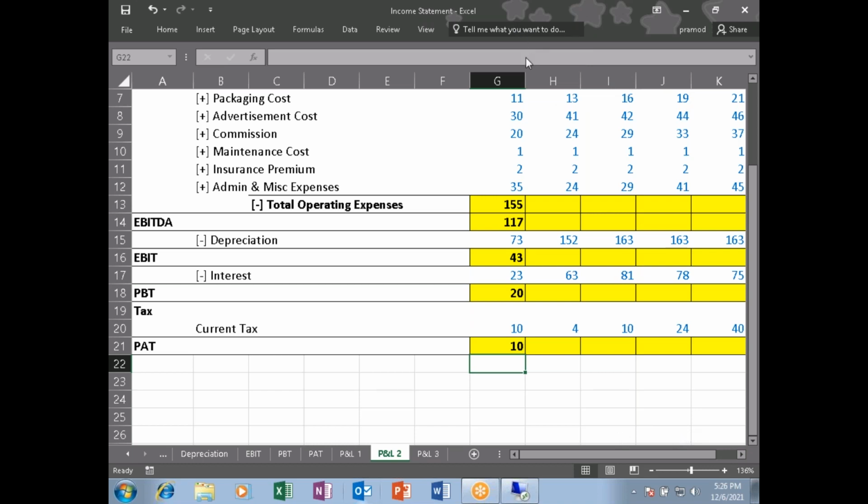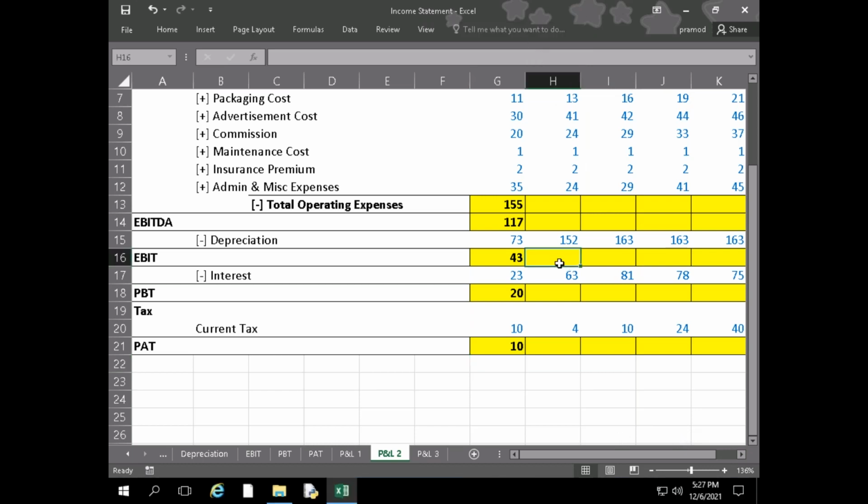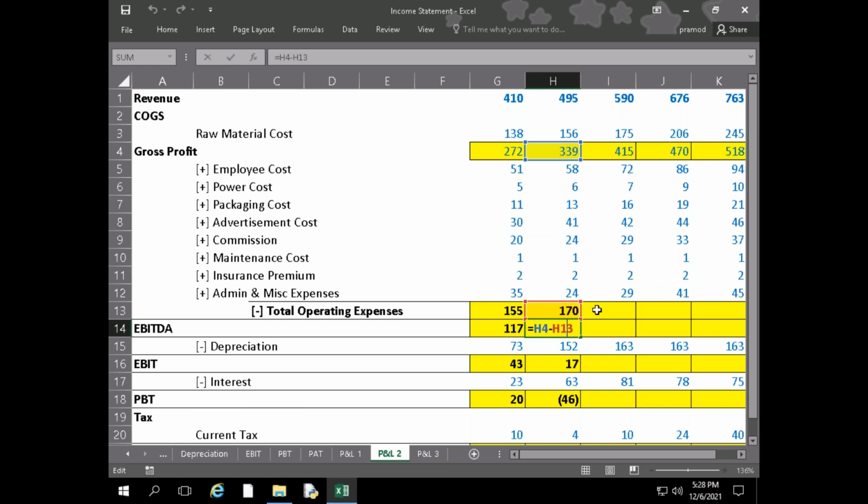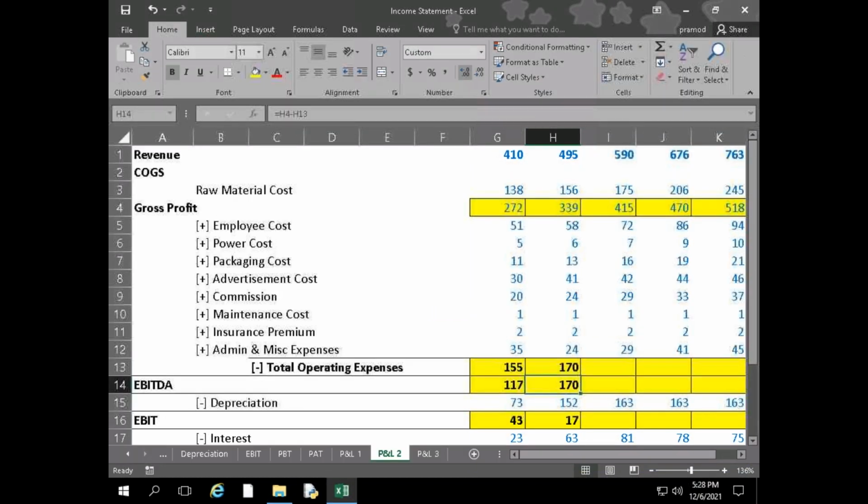It is in the H column. See, it has a decimal there.